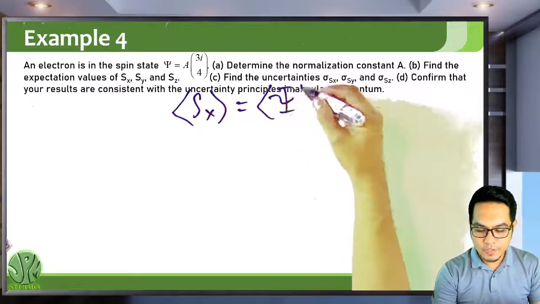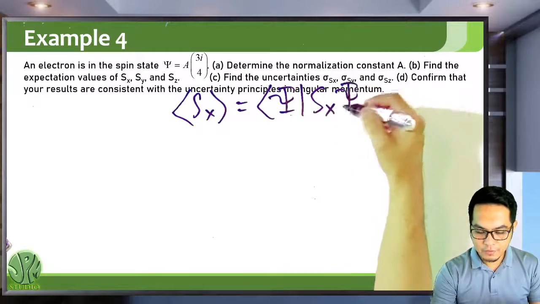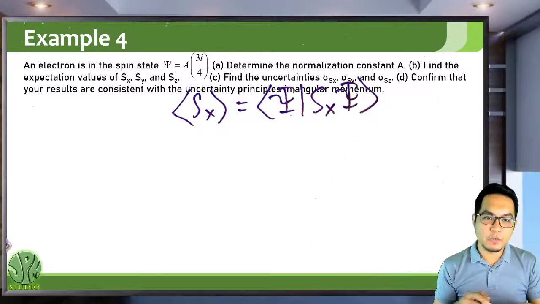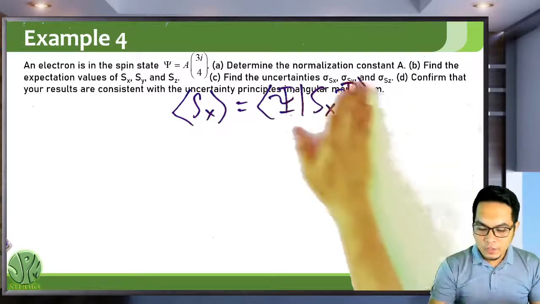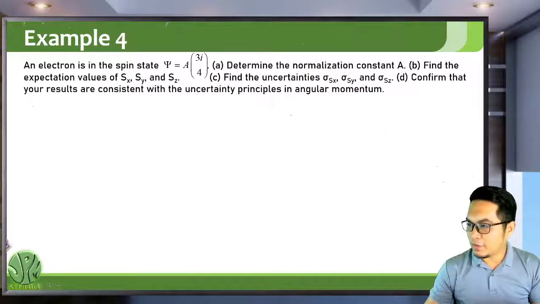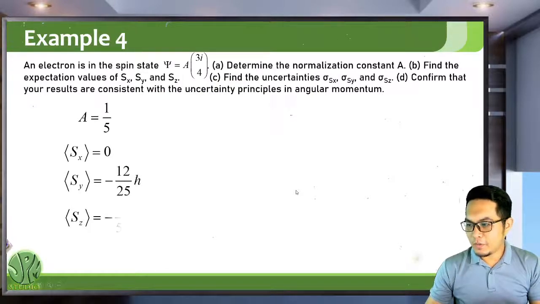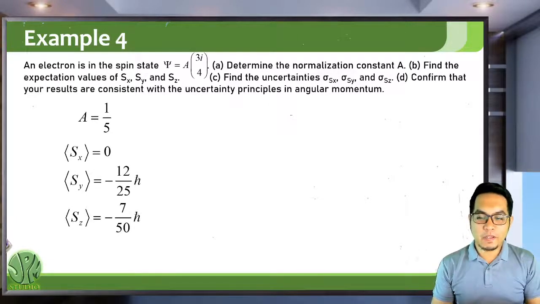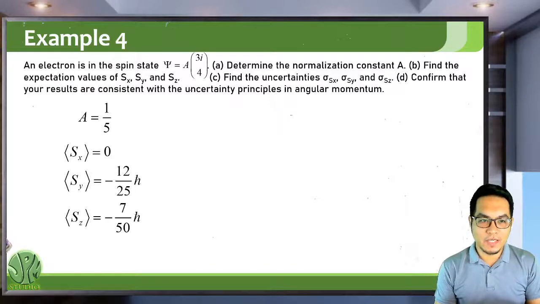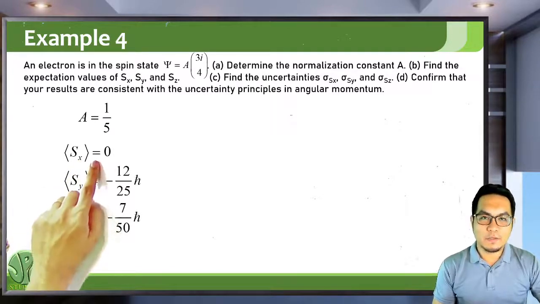You sandwich Sx between your spin states, which is exactly what we have done in the previous example. So doing that will give you what? Sx is 0, Sy is that one, Sz is that one. It's just matrix multiplication here. It's very easy. So what does this mean?